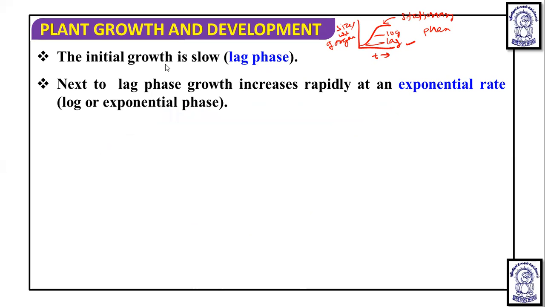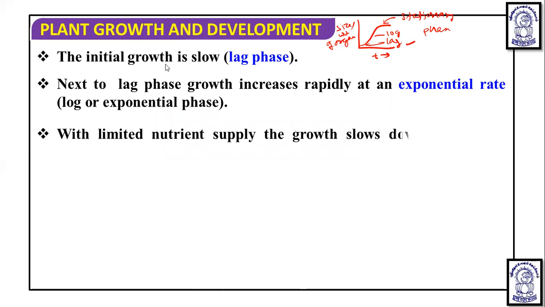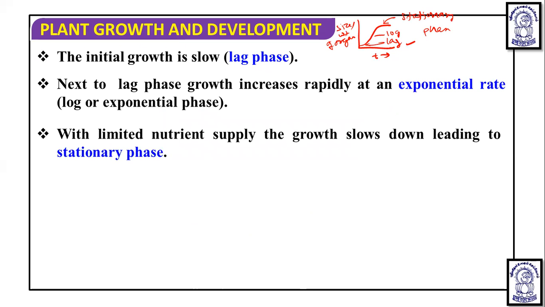So it grows 2 to 4, 4 to 8, 8 to 16. Like this, the cells are going to increase. But after a certain period of time, the nutrient supply becomes limited. So the growth slows down and leads to the stationary phase. This way, the growth rate will stop.